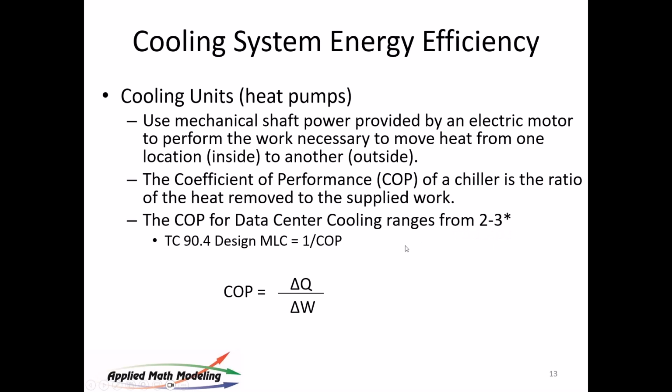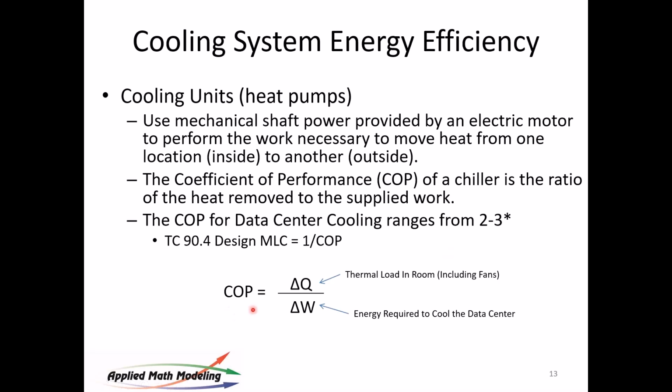In the United States they always do kilowatts per ton, right, Magnus? Yeah, exactly. Talk about mixing your units. But if you neutralize the units, it ends up being somewhere around 3 or 4 on a good day for a typical chiller.